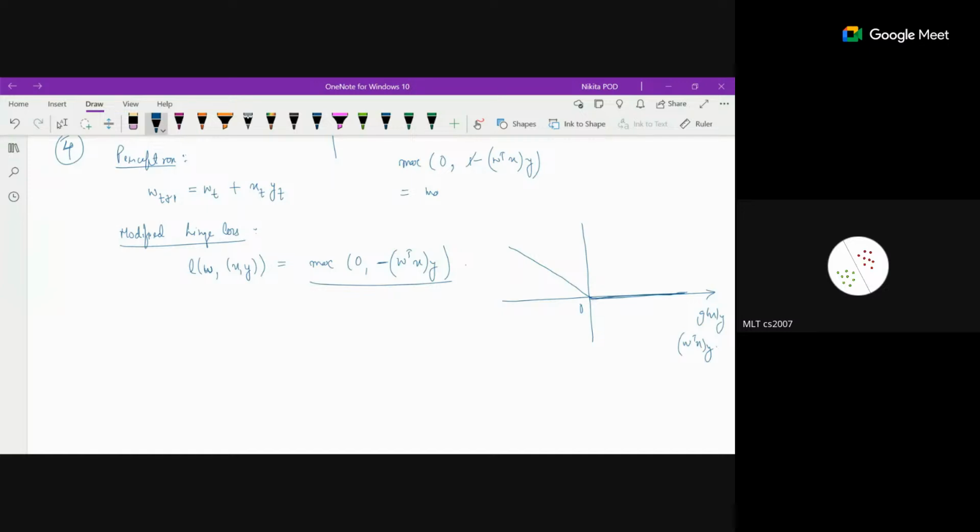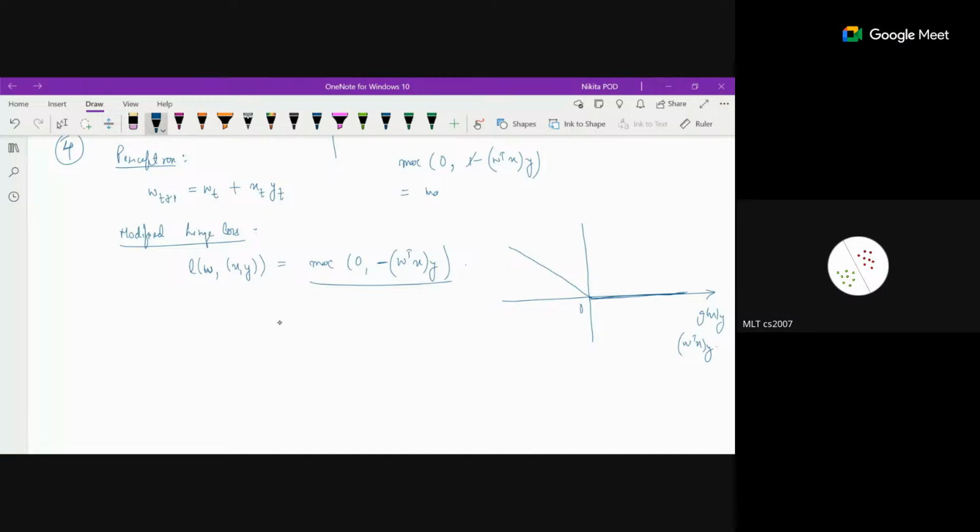So if we take the derivative of this loss with respect to my w, you have different conditions depending on what sign w transpose x times y takes.